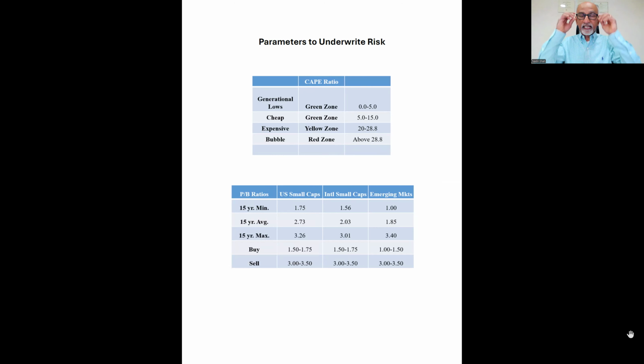Price over book is another valuation marker, which compares the market value of the price to the book value of a particular company, based on asset valuations. If the book value is greater than the price, the P over B ratio is less than 1.